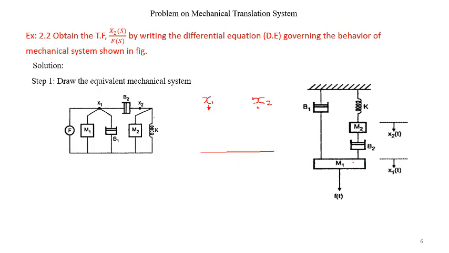Between the displacement and the reference we have the mass 1. So first we will draw mass 1, like this. This is mass 1.